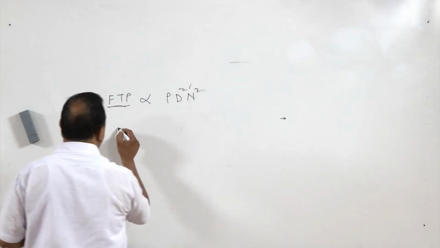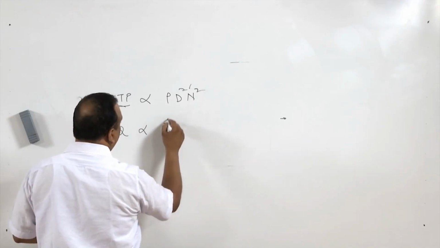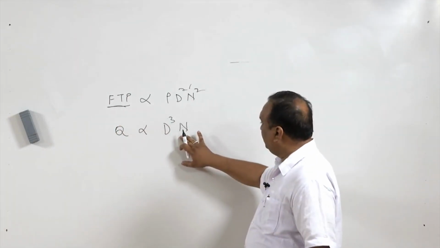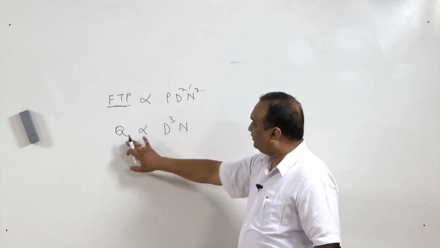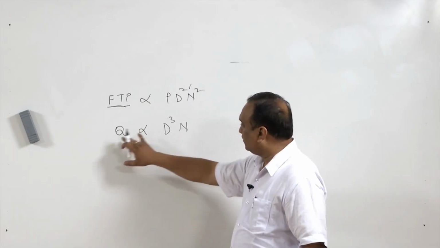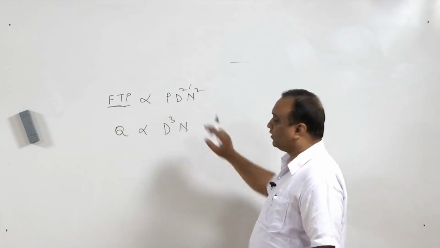Similarly, how is it going to affect the discharge? If I reduce the RPM, the discharge will be proportionally reduced, or if I increase the RPM, discharge will be proportionately increased. Pressure will increase in square of the RPM.